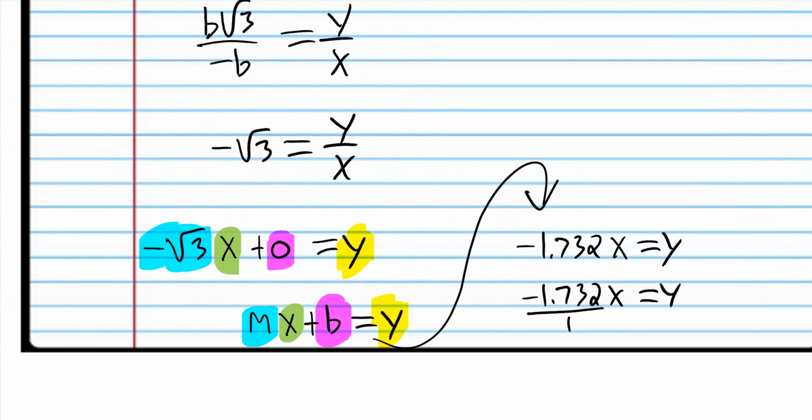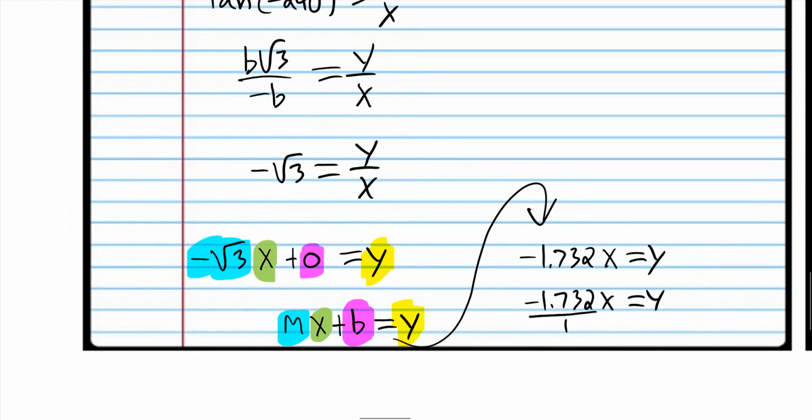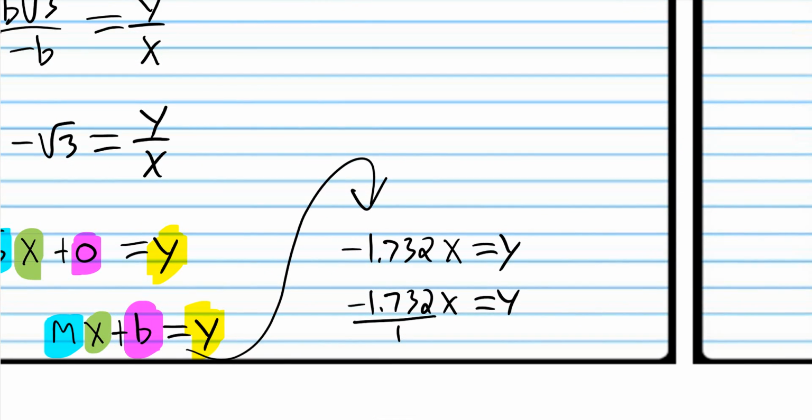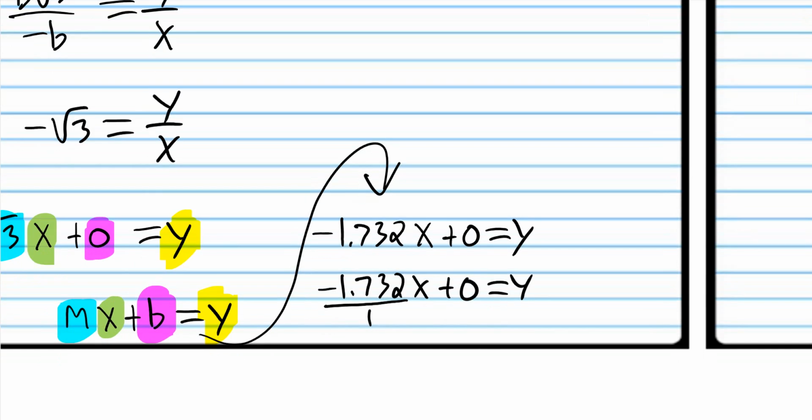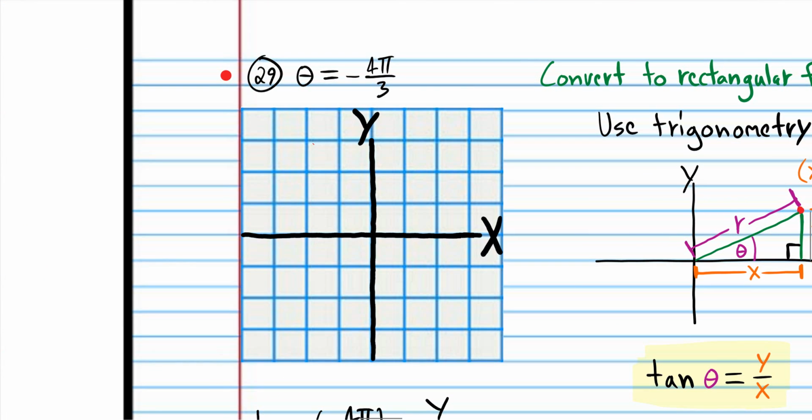So here's how we graph this. We first mark the y-intercept. The y-intercept is 0. And so maybe I'll write that 0 also, just so we know the y-intercept is there. So the y-intercept is 0, so we mark that point. And then we move down 1.732 because it's negative.